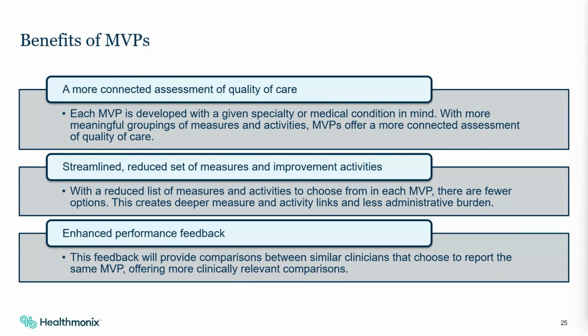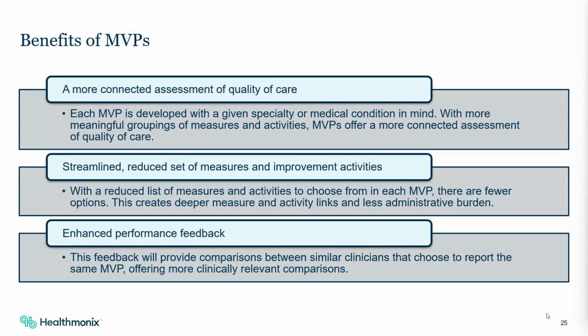So by minimizing the breadth of measures for consideration, particularly for specialty providers, you can focus on just those measures that are applicable for you. So as measures change year to year, you have the opportunity to track performance in and consider addition of a smaller set of measures. And hopefully by doing so, frees up more time for focus on the measures that are going to make the most sense for you.